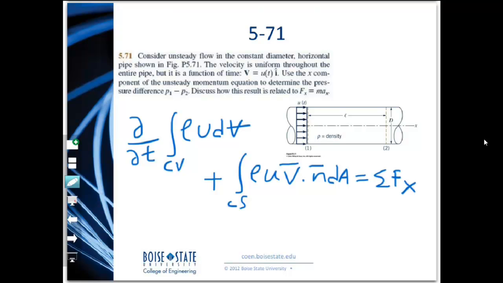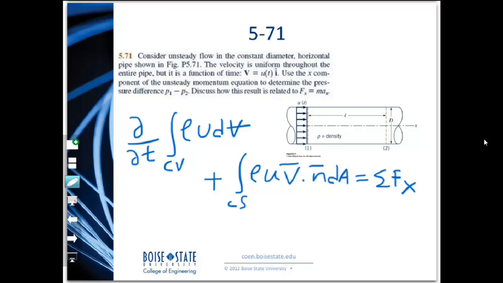In this case we need to convert these pressures into forces. This is the unsteady momentum equation in the x direction. Let's substitute what we are given in the problem and see if we can come up with an expression which we can relate to F equals ma.